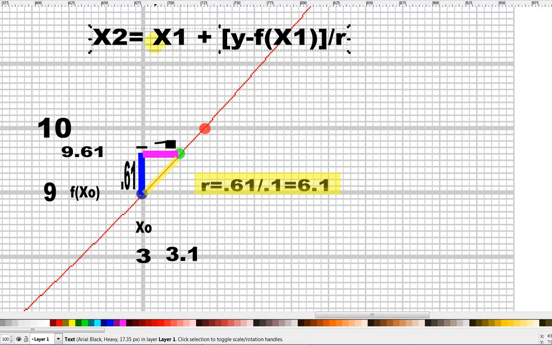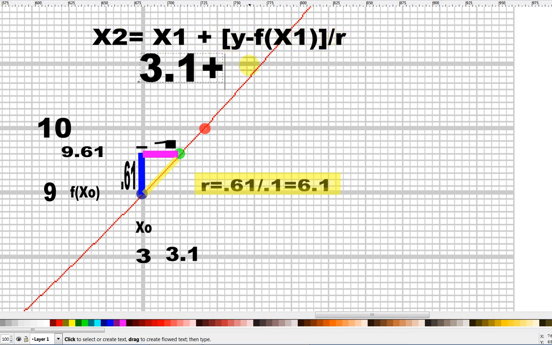Take our slightly better guess, the 3.1, so let me type that in here. Take the 3.1 and update it somehow. So what do we update it with? Well, we're going to adjust it by taking y minus f of x1 divided by r.